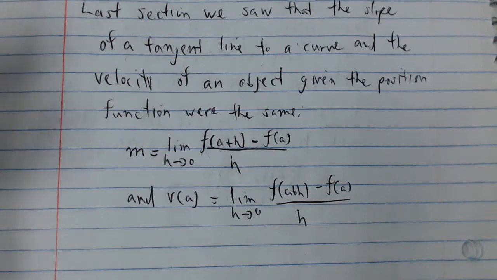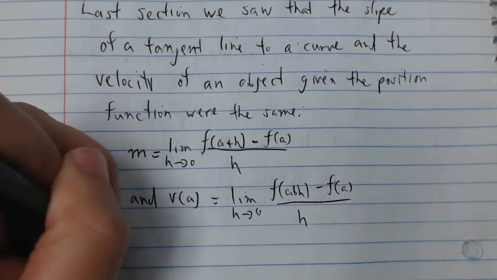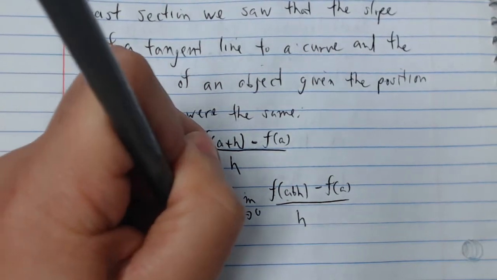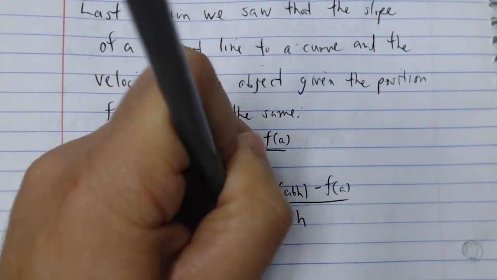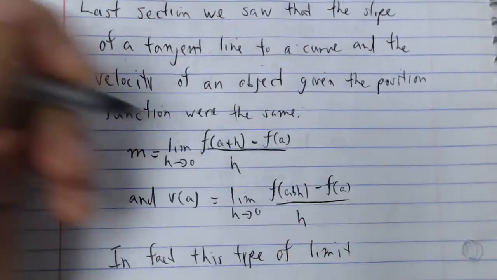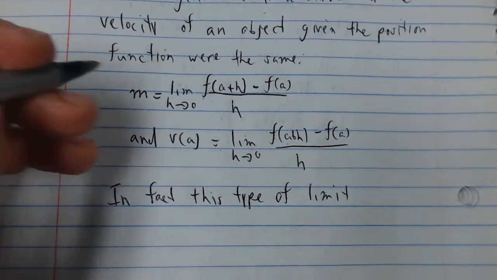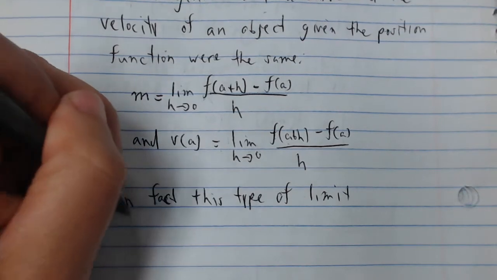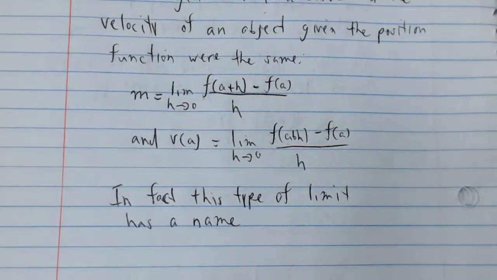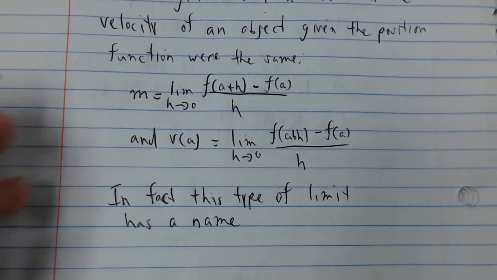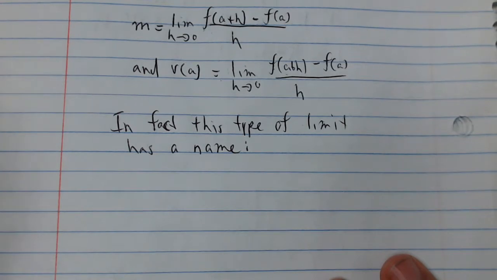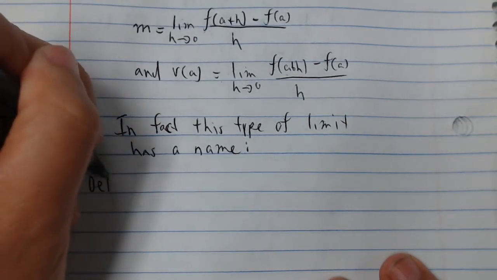So what we could say is that, in fact, this type of limit has a name. And this is what is known as the derivative. So let's actually define what the derivative is.